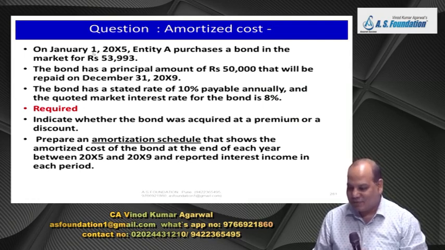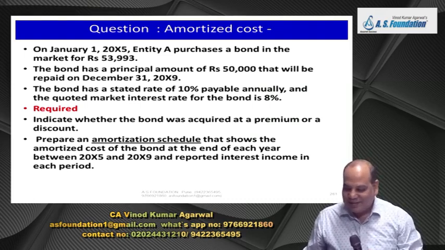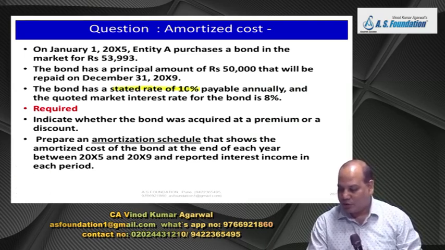Yes. It is 1st January, it is 31st December, so both we will count. The bond has a stated rate of 10%, payable annually. So this is the coupon rate, this is what you will receive. And the quoted market interest rate for the bond is 8%.